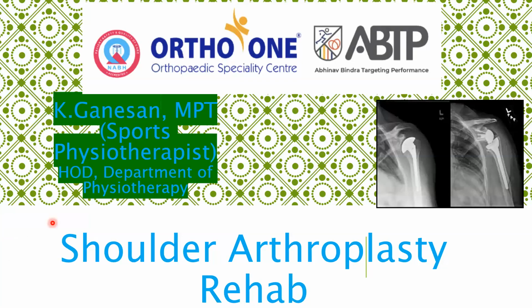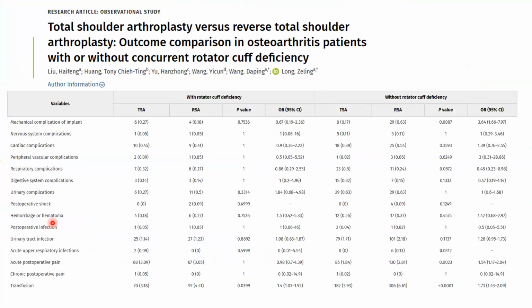Good morning, sir. My talk is on shoulder arthroplasty rehab. This is a paper from 2015 where they did a study comparing outcomes in patients with arthroplasty and reverse arthroplasty, looking at complications.